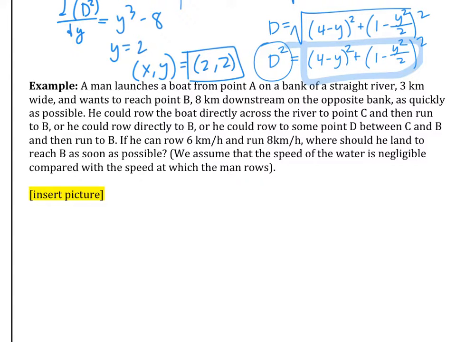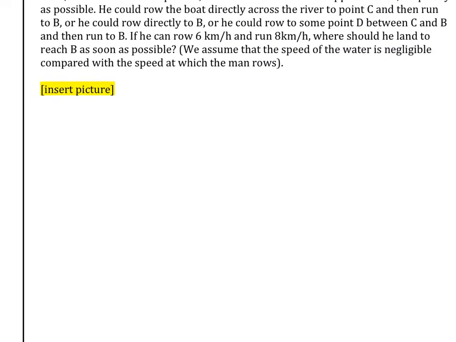He could row the boat directly across to point C and then run to point B. Or he can row directly to point B. Or he could row to some point D between C and B and then run to point B. If he can row 6 kilometers per hour and run 8 kilometers per hour, where should he land to reach B as soon as possible? We assume the speed of water is negligible compared to the speed at which the man rows. Oh my gosh.